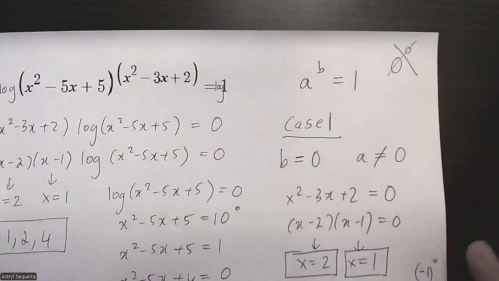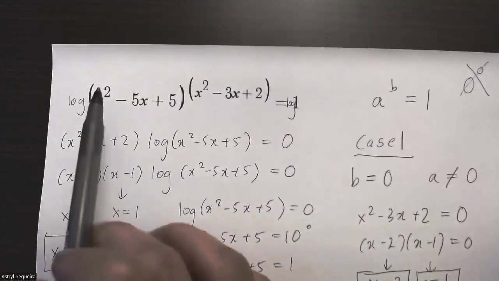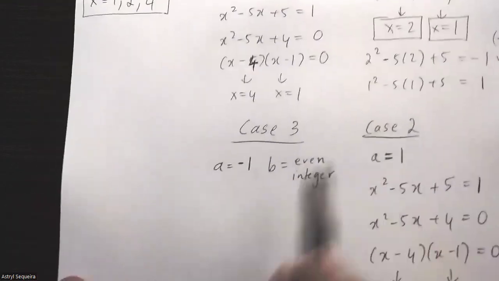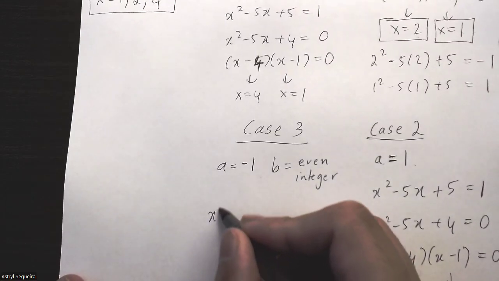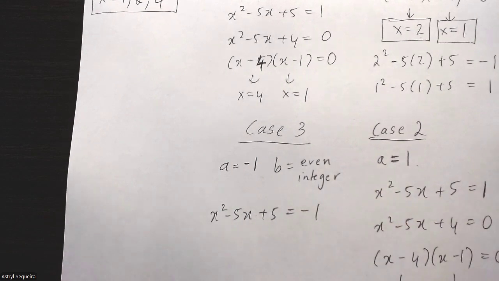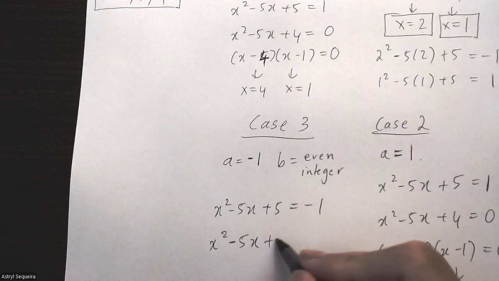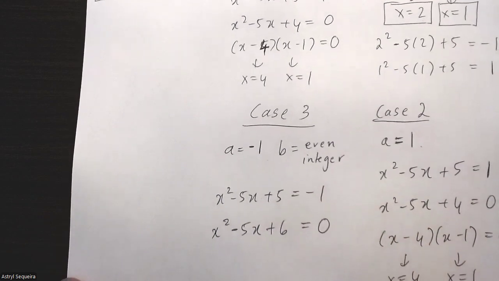And this is the third case that's not taken care of in this question. So let's make my A equal to negative 1. So x squared minus 5x plus 5 equals negative 1, which means x squared minus 5x plus 6 equals 0.